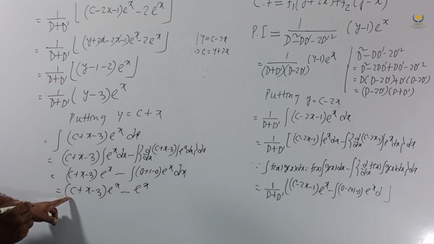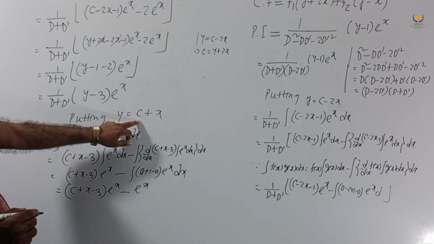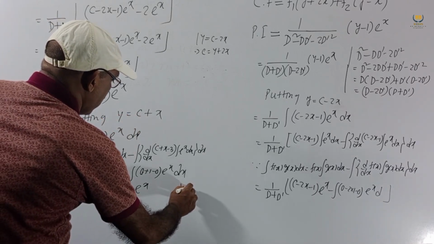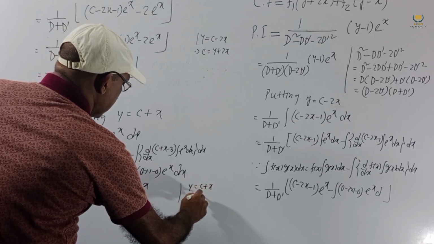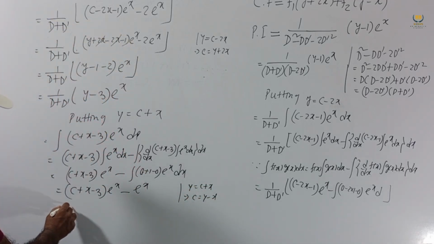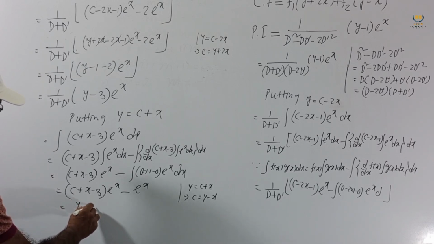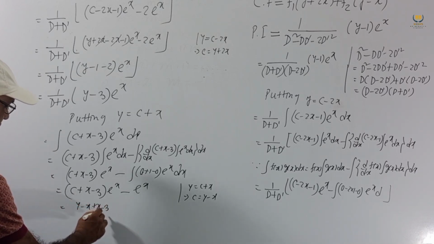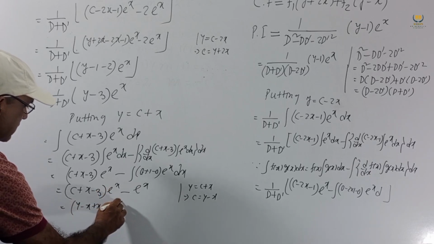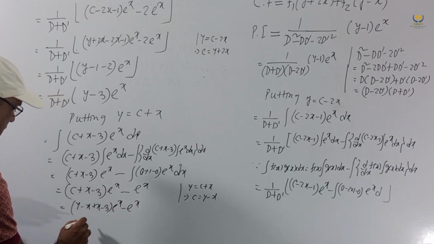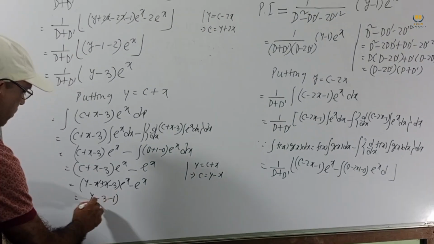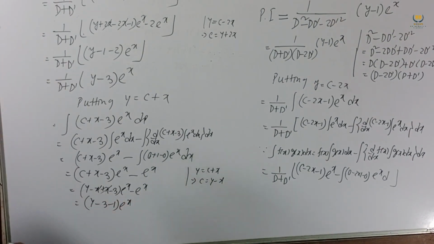So putting the value of c here, putting the value of c means y minus x. So we put y equal to c plus x, and the value of c is y minus x. If we put here y minus x plus x minus 3 e to the power x minus e to the power x, this x cancels, y minus 3 minus 1 e to the power x.